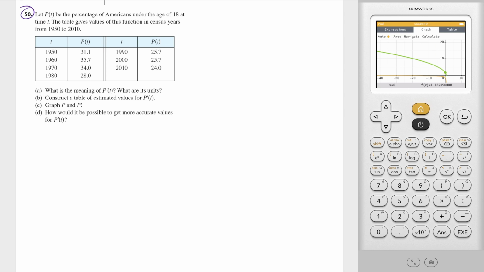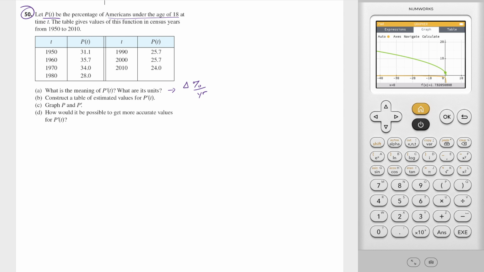Okay, since P of t is the percentage of Americans under age 18, P prime is the change in percentage, and it's percentage over time, and so time is in years. So percent per year is really what it is. It's the change in percent of Americans under the age of 18 in percent per year. So the units are percent per year.